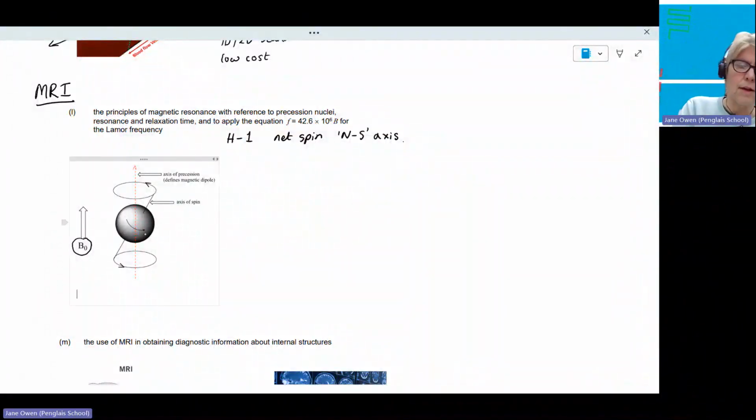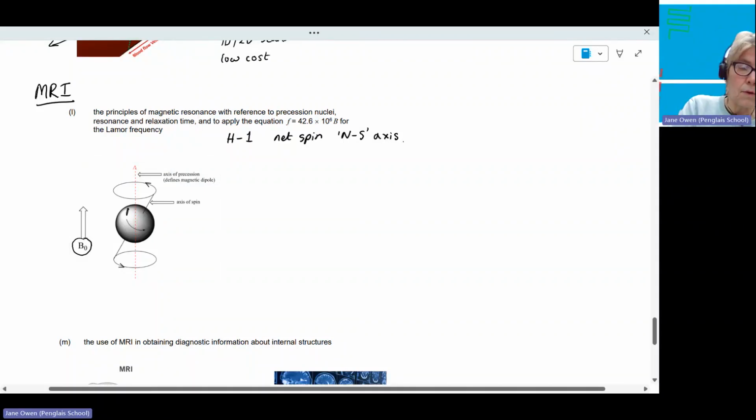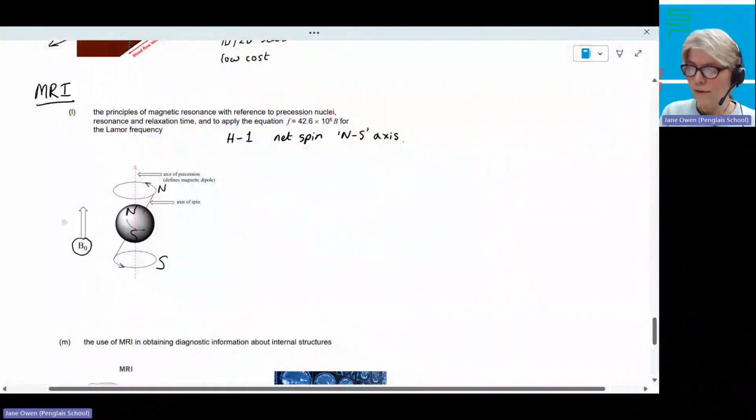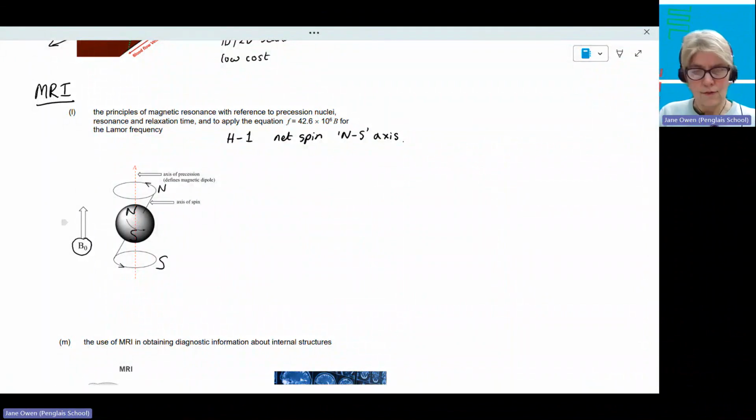So this is an atom, hydrogen. This is the proton of the hydrogen in the nucleus, and you can see that this will be north, this will be south, this will be the north end, this will be the south end. And the nuclei has 2 states. There is a lower state in which it can spin, or there is a higher state.